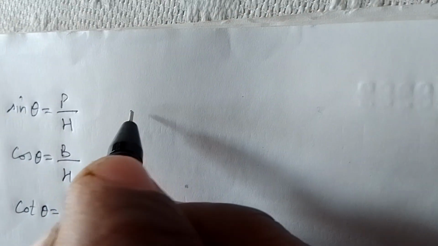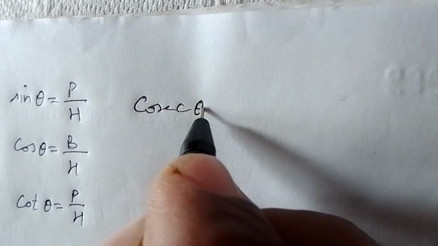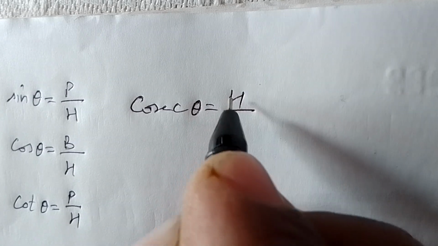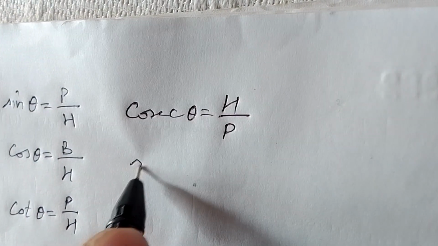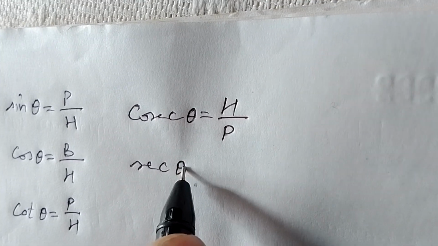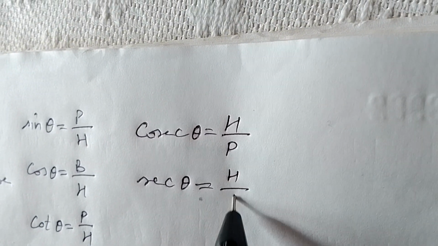And then sin theta's opposite is cosecant theta, that is hypotenuse divided by perpendicular. Then secant theta. Secant theta is opposite to cos theta, that is hypotenuse divided by base.